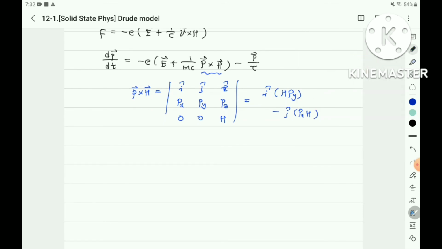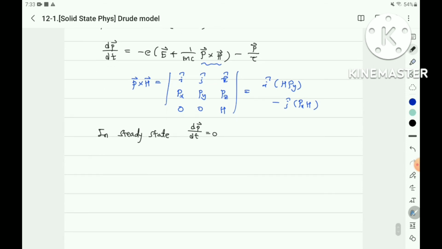Therefore, in the steady state, there is no external force. Therefore, the x component is 0.